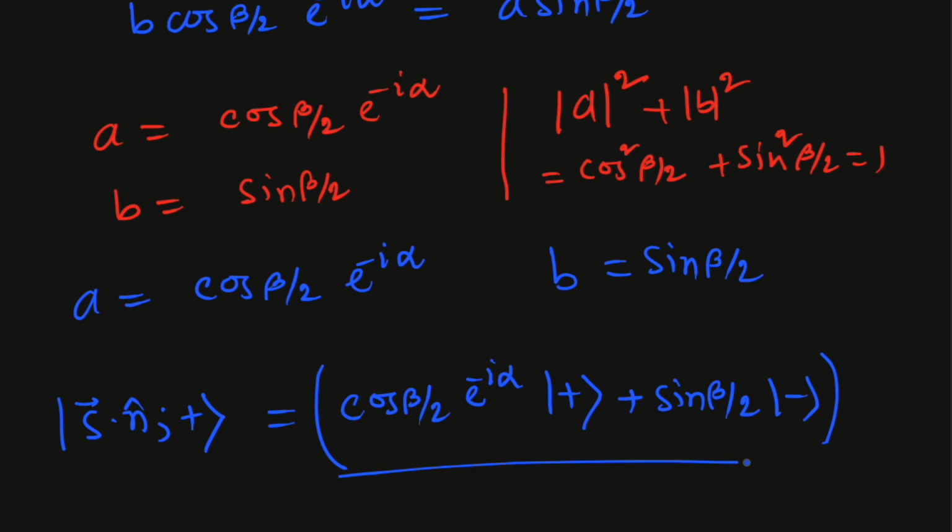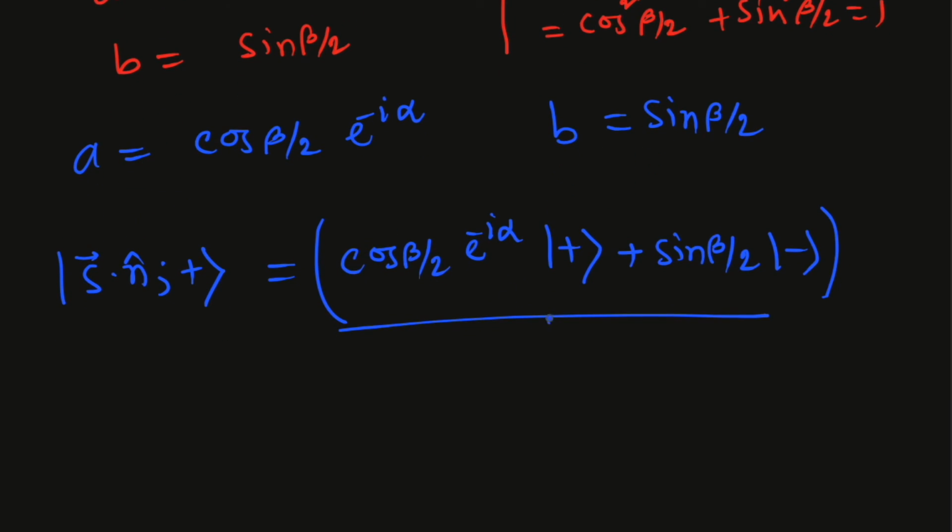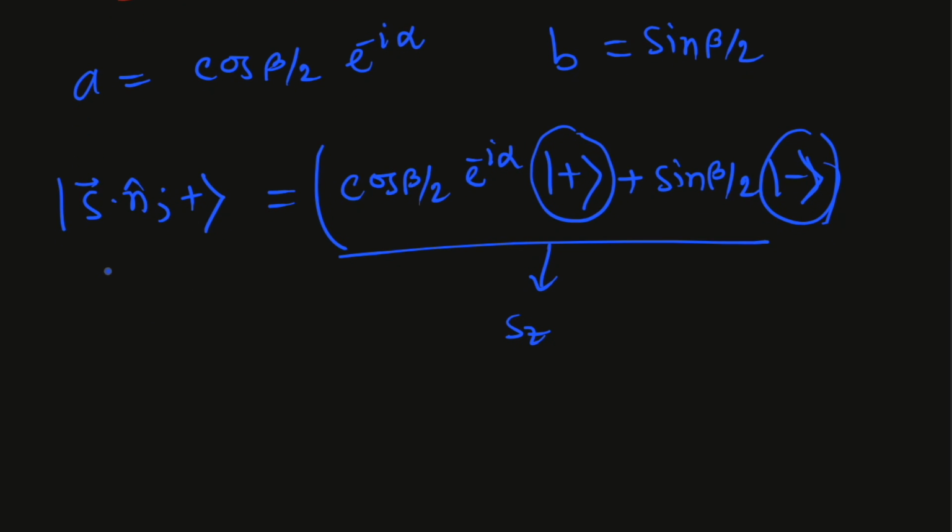Here plus and minus are the eigenkets of the Sz operator. So the eigenket of the operator S dot n cap is cos beta by 2 e to the power minus i alpha plus plus sin beta by 2 minus. So we have derived it. Thank you.